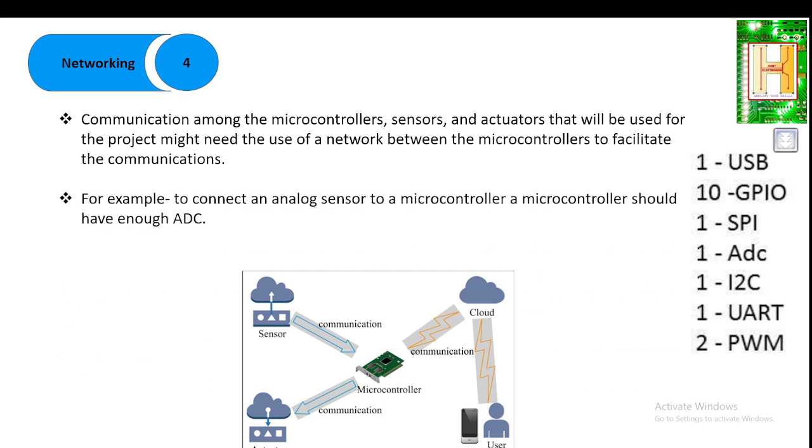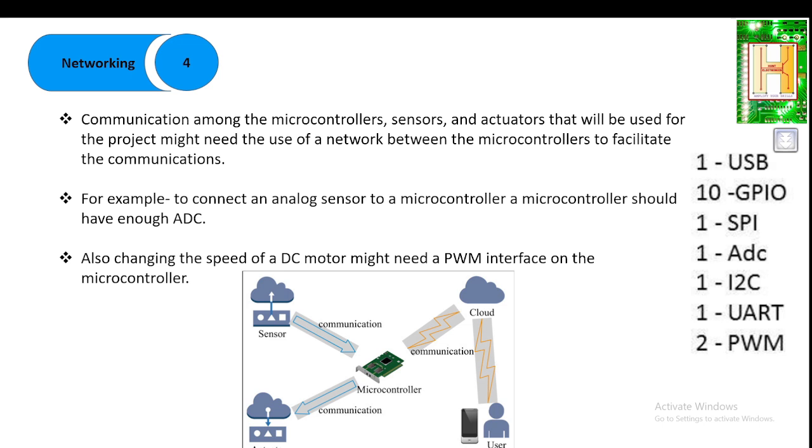For example, to connect an analog sensor, the microcontroller should have enough ADC, or you can say DAC. Also, controlling a DC motor might need a PWM interface. There are various networking interfaces like I2C, UART, PWM, ADC, SPI, USB. As per the requirement, you should select the microcontroller for the type of networking you are going to use for communication purposes.